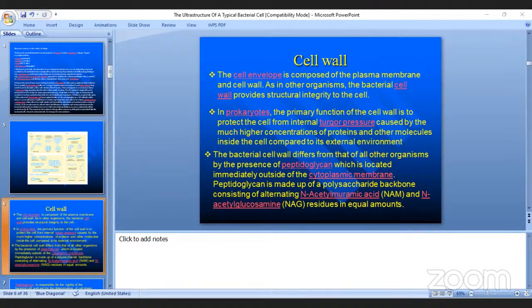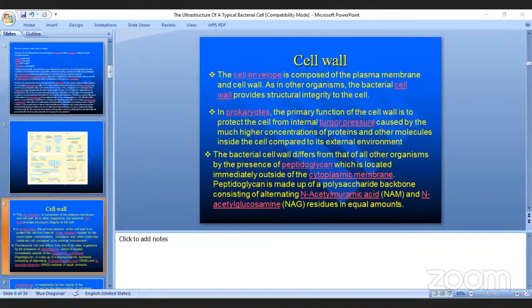So we can observe here the structure of peptidoglycan for gram positive. Based on the cell wall chemical nature, bacterial cells can be divided into two types: gram positive bacteria and gram negative bacteria.